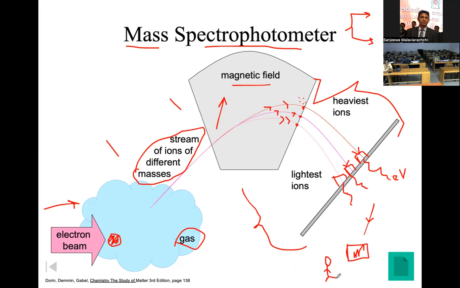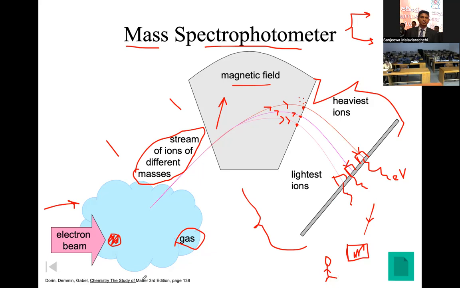So this is the basic principle behind a mass spectrometer, which we use to find out the isotopic ratio and isotopic species, different forms of a given element. You can also call them chemical species.